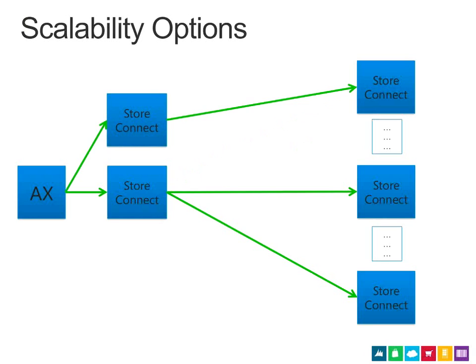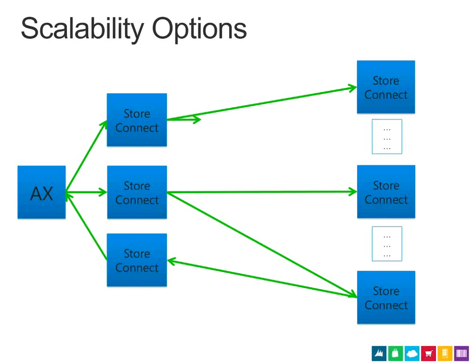Based on the distribution schedule, you assign different stores to different distribution lists, and then this distribution list has an AOS profile associated with it. That means stores 1 through 100 go to Store Connect 1, stores 100 to 200 to Store Connect 2, etc. So you can split up the load that way so you can enhance the performance.